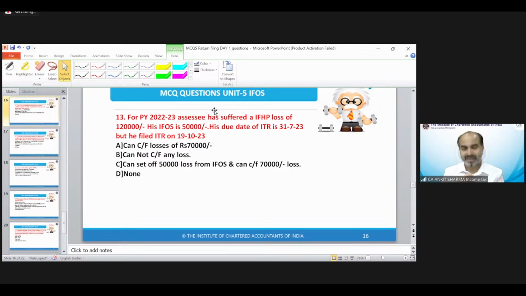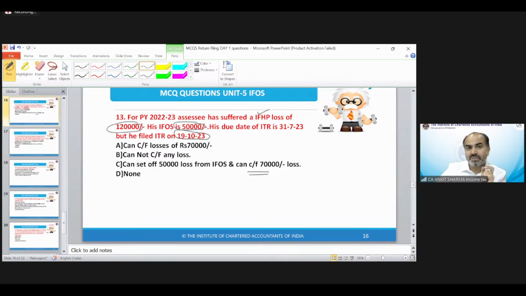With the help of the last MCQ, you understood what the correct answer should be. Of course, again the same condition. The assessee has suffered a house property loss of 1,20,000 and income from other source is 50,000. Even if ROI has been filed after the due date, that would not restrict carrying forward losses because it's a house property head loss.